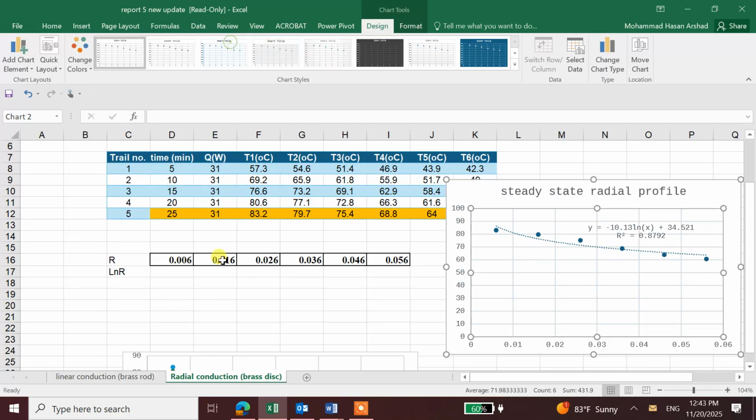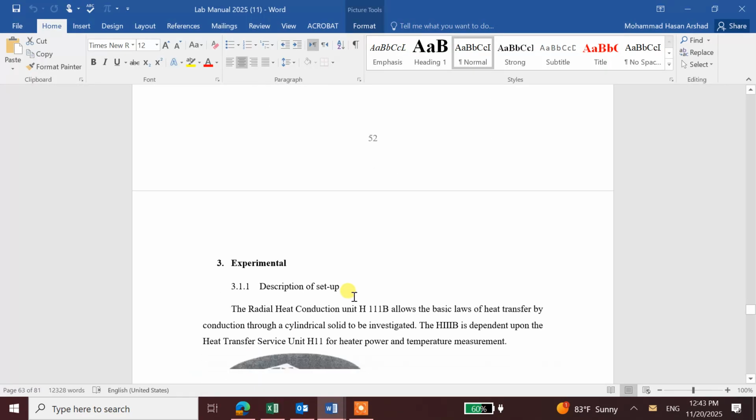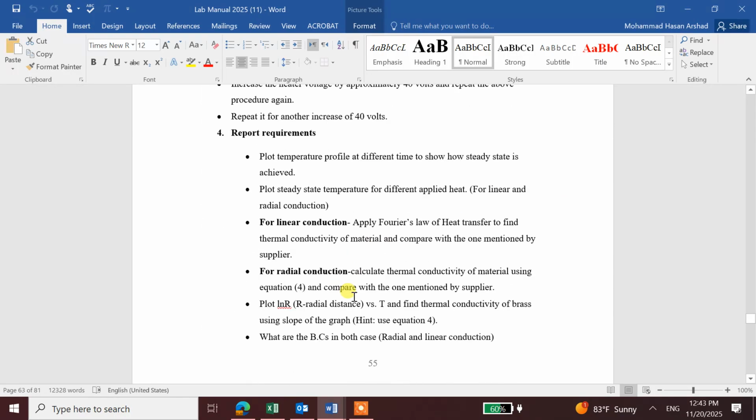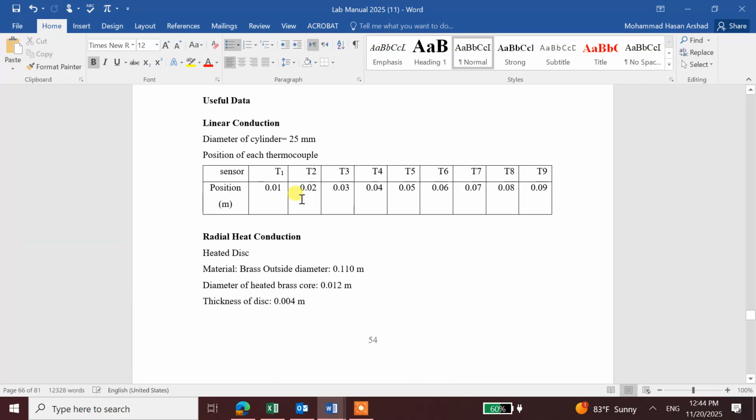Now if you look at the requirement for the report, calculate using equation 4. What is equation 4?